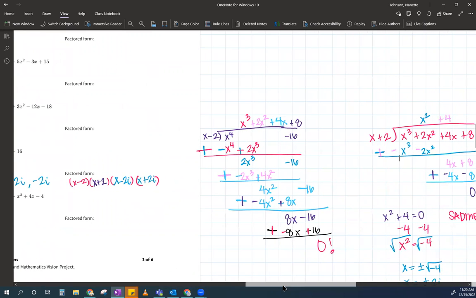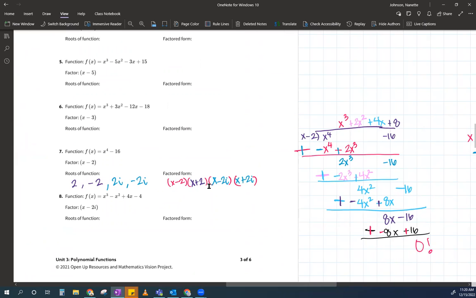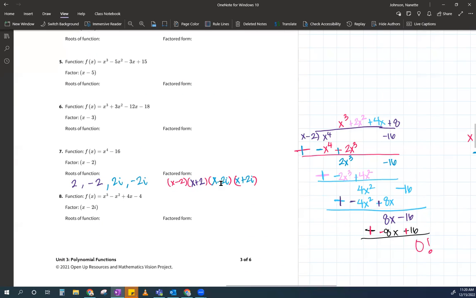But because you know complex numbers, we can write x minus 2i and x plus 2i. Does that make sense?